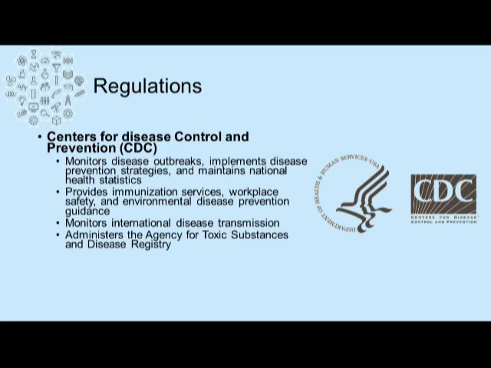They also provide immunization services, workplace safety, and environmental disease prevention guidance. They also monitor international disease transmission, and they're also responsible for administering the Agency for Toxic Substances and Disease Registry.